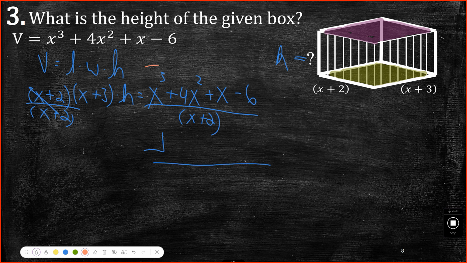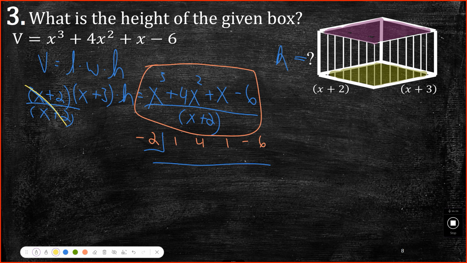What goes in the box? -2. Everybody, yes? In the box goes -2. Then the coefficients are going to be 1, 4, 1, -6. And how does it go?